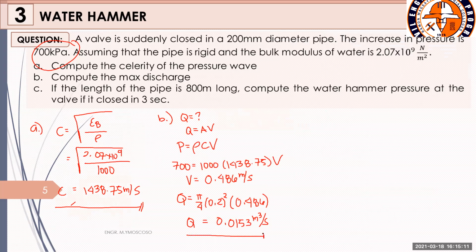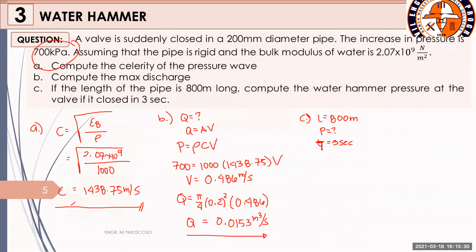That is correct. So for letter C, if the length is 800 meters long, compute the water hammer pressure if the time of closure is T equals 3 seconds.